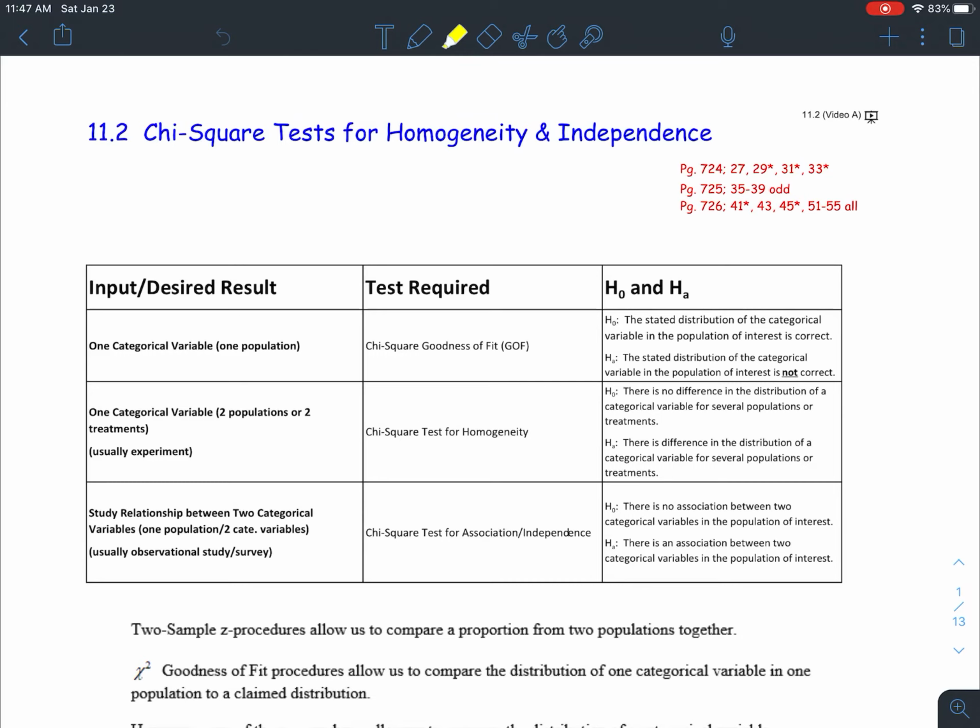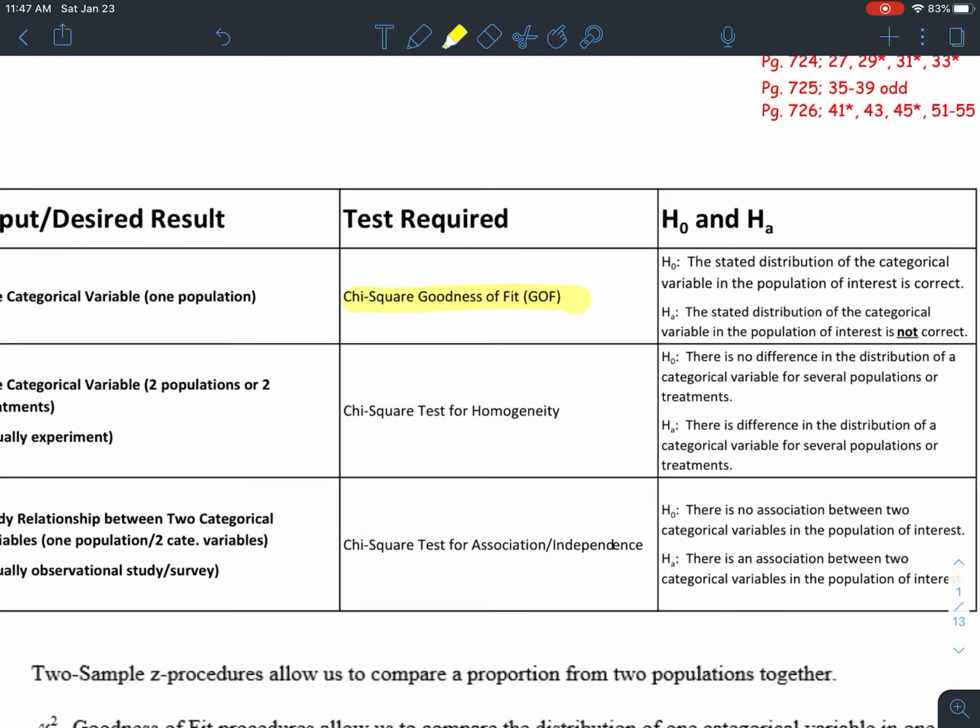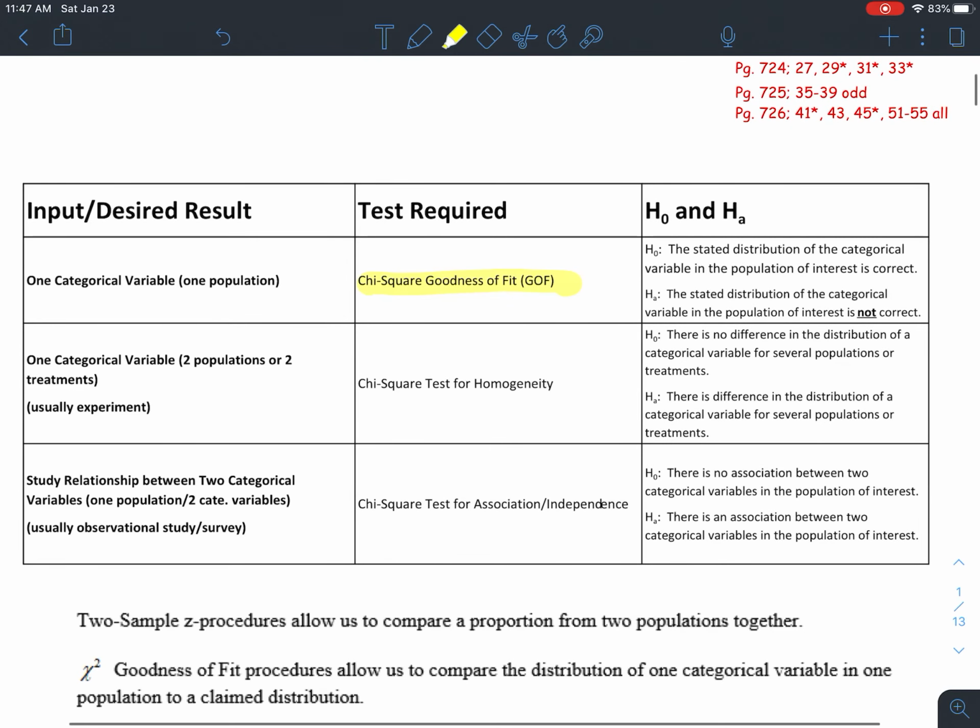Just a quick brush up on the first section in this chapter. The chi-square goodness of fit test was really reserved for when we only had one population and we were trying to do some type of analysis on one categorical variable across that one population.